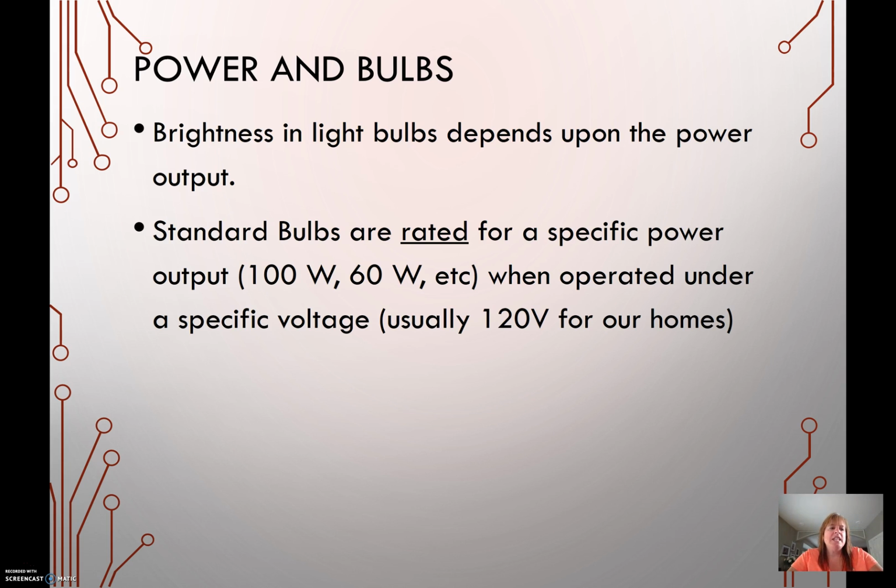Now, remember, power is current times voltage. So if maybe your fixture is wired wrong, maybe it won't deliver that 120 volts. And if it doesn't, then the power output is not going to be 60 watts.